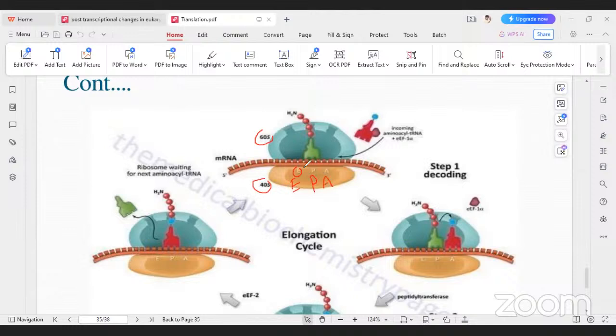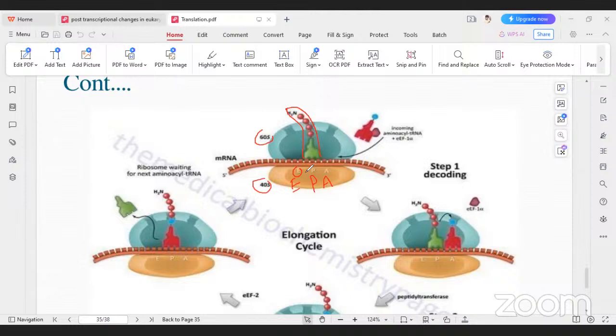Before elongation, at the end of initiation, the met tRNA, methionine tRNA, the first tRNA, is already present at the P site, peptide site. Now, what is the free site? The free site is the A site, amino site. The A site is free, but at the peptide site a tRNA is already present.